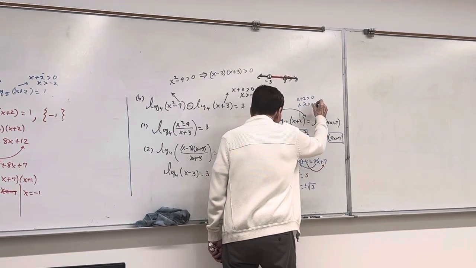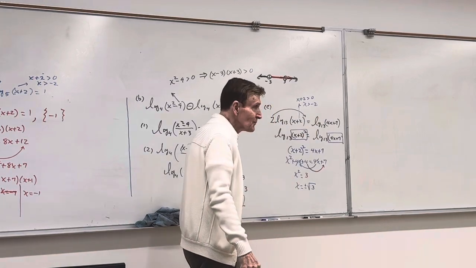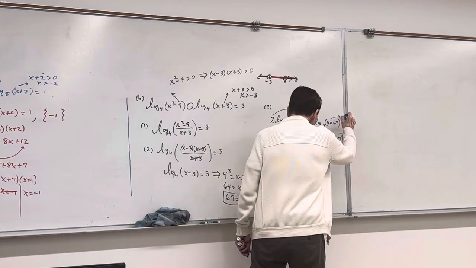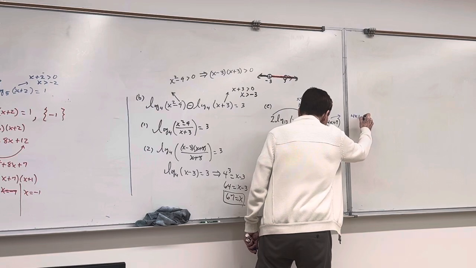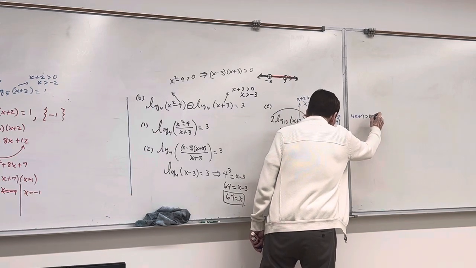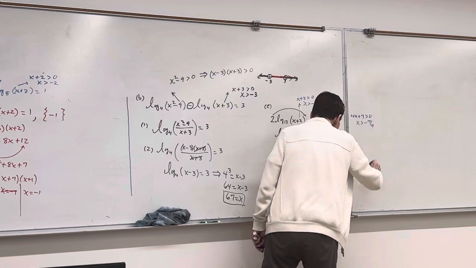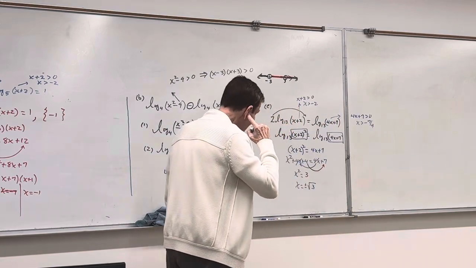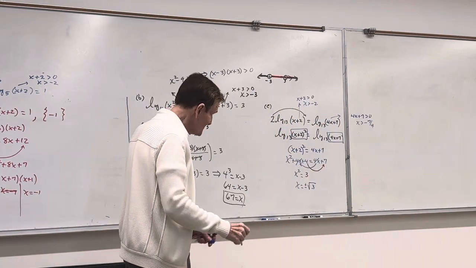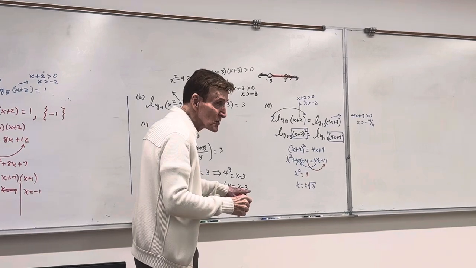X is greater than what? Negative 2? This one says, gotta be careful, 4x plus 7 in terms of the domain must be that. X is greater than negative what? 7 over 4, is it? Oh, the negative 1 3/4. Oh boy, here it goes. Now keep in mind, I've got two answers to consider.